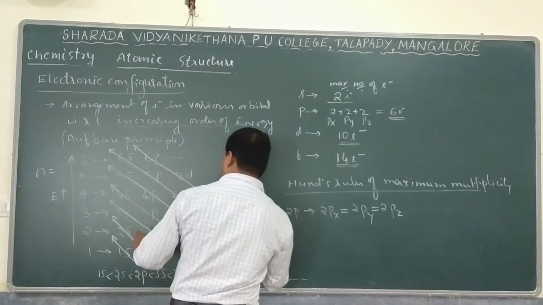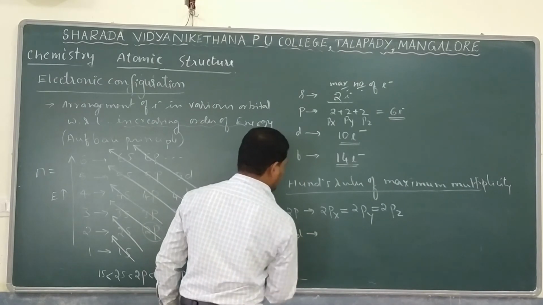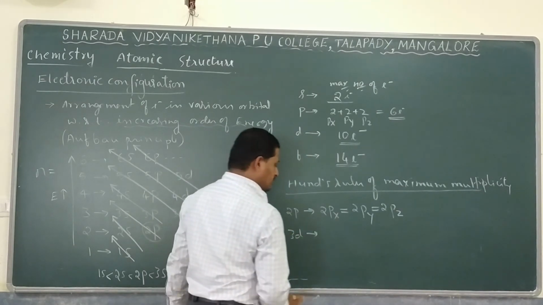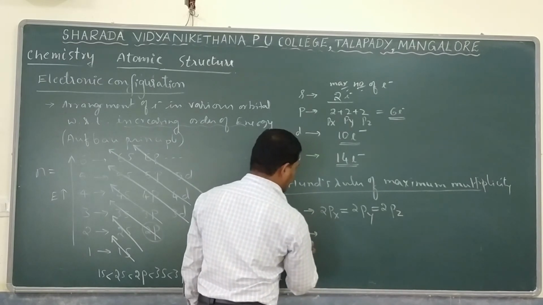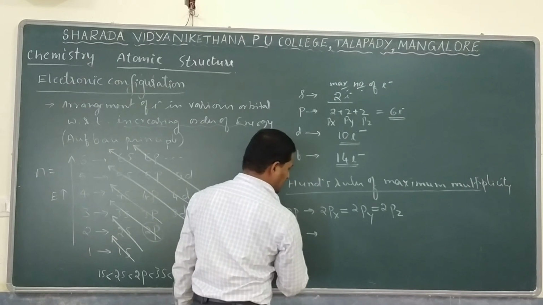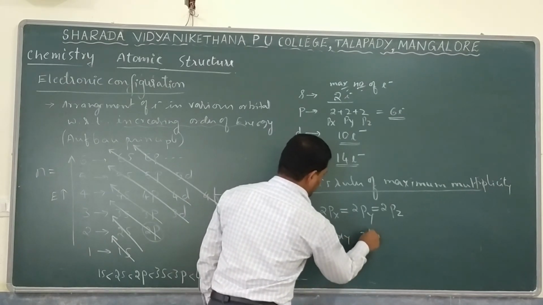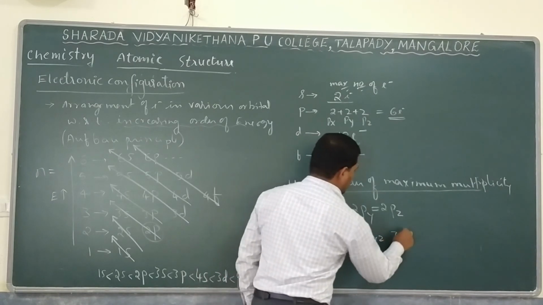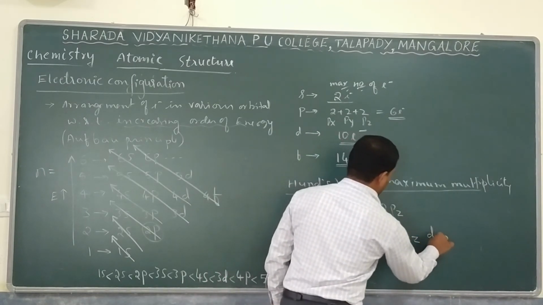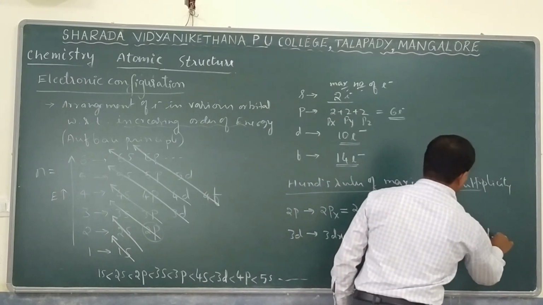Similarly, in the case of 3d, you also find the same problem. In 3d, totally 5 orbitals are there: 3dxy, 3dyz, 3dxz, 3dx square minus y square, and one more, 3dz square.